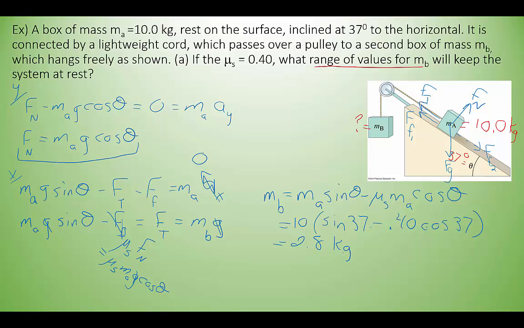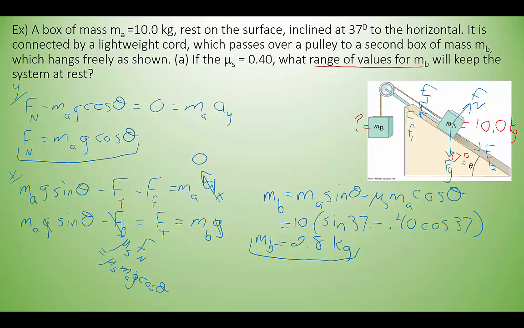Now remember that this is the mass of B that will make it so that we don't get acceleration here. If MB is less than 2.8 kilograms, box A will slide down the incline. All right, so we know that MB at a minimum is going to be 2.8 kilograms.